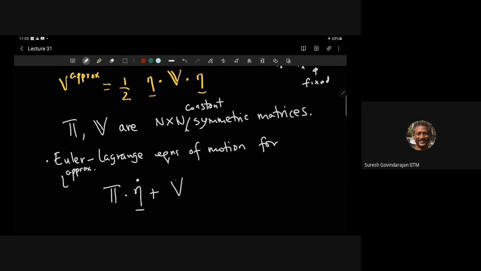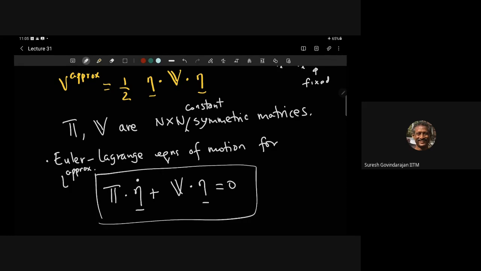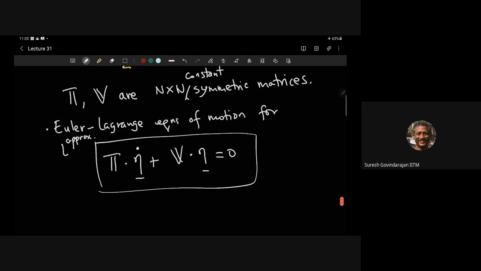So I'm just putting this underline to remind you that this is the equation. This is a matrix version, so T is an n by n matrix, and eta dot is an n-dimensional column vector, so you multiply it to get a column vector. So these are n equations.